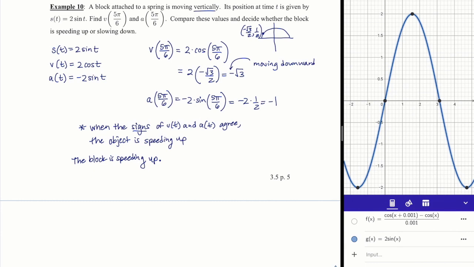And you can see the block is moving downward, and it's going to be moving fastest right as I cross pi. So it's increasing in speed, and then it starts to slow down and move a little less quickly, still in the negative direction, until we get out to 3 pi over 2. But you can see you're right in this area, a little bit left of pi, past pi over 2, so in the area of 5 pi over 6, the block is speeding up and moving downward.